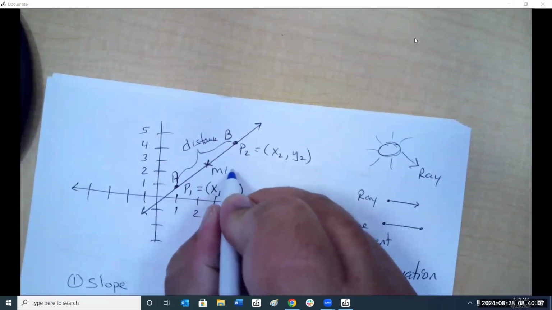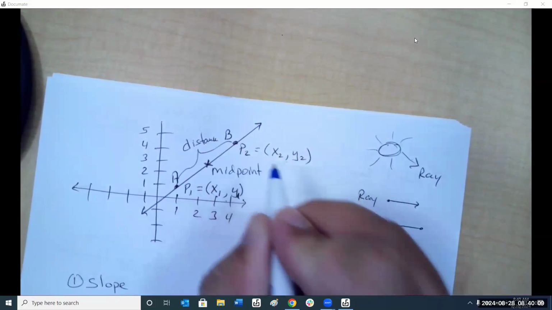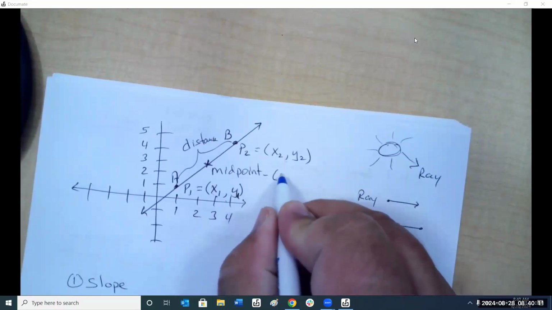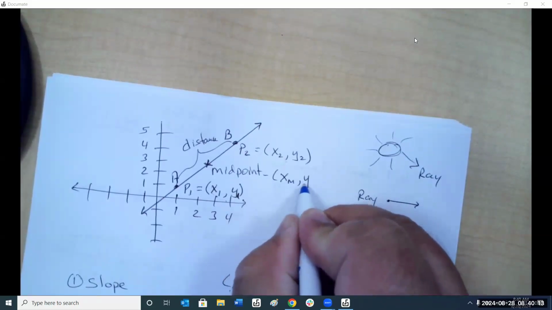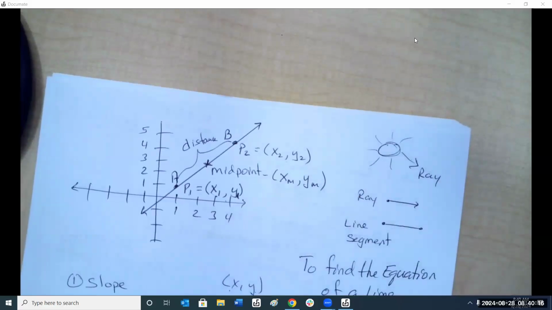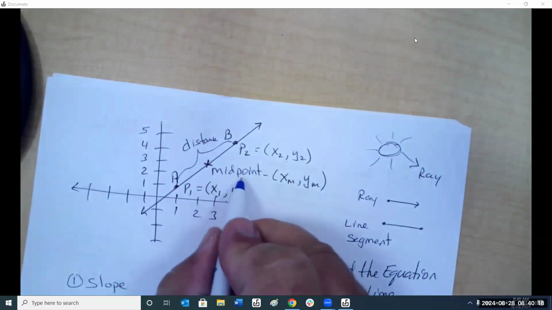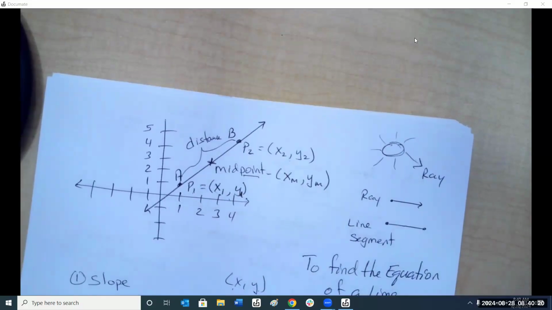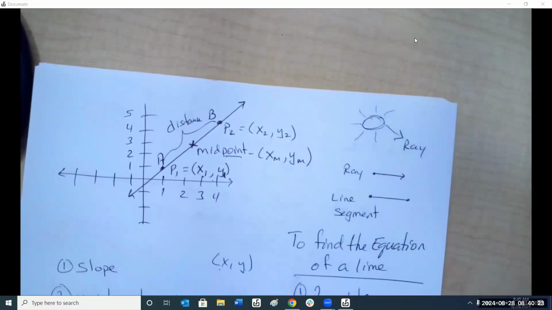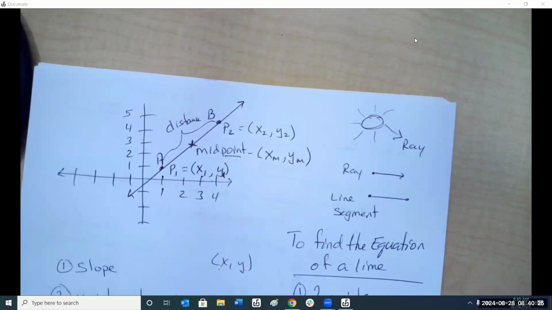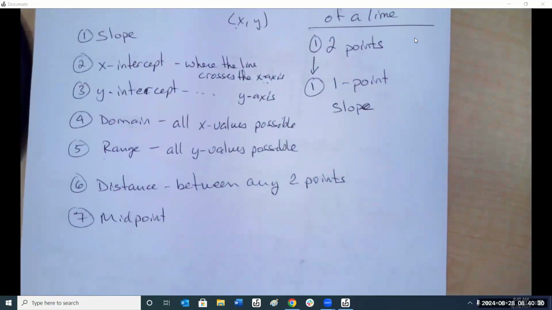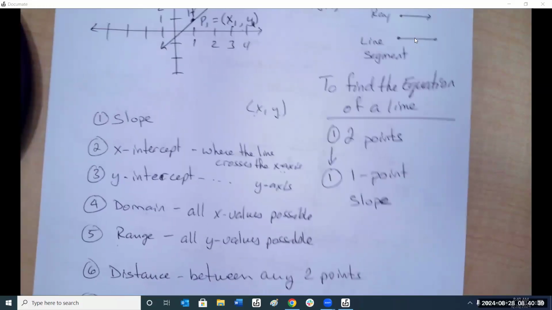It's called the midpoint. It's a point, it's a location on that line. So these are all the equations we're going to talk about today. So let's get started. Okay.